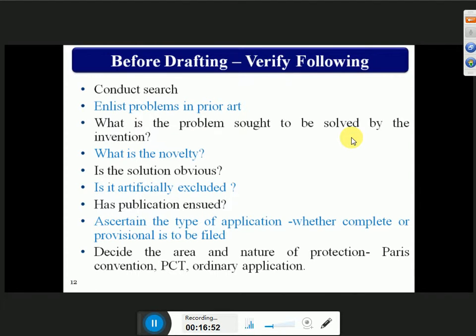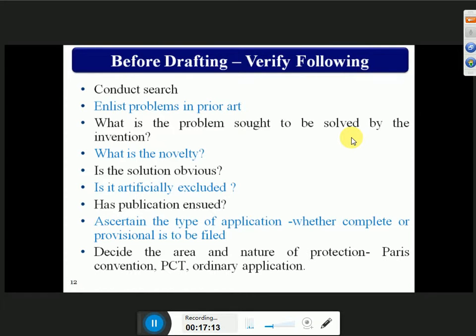You must conduct the search. It can be a Google search, a Google Scholar search, and there are many websites where you can find already available contents or already available patents. You can enlist the problem in the prior art.